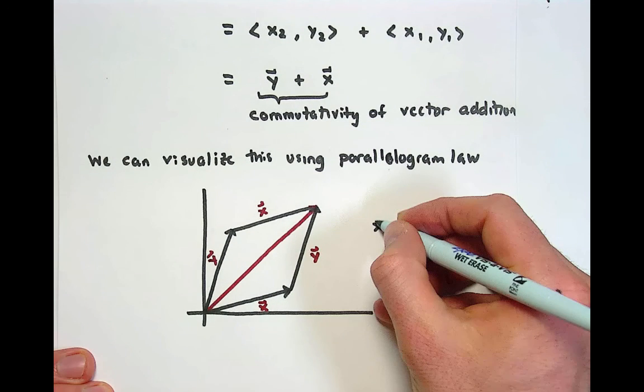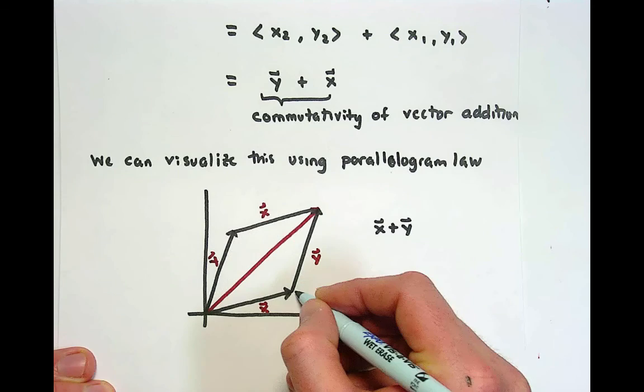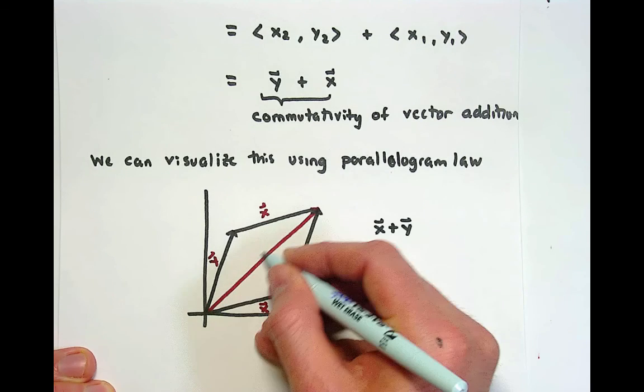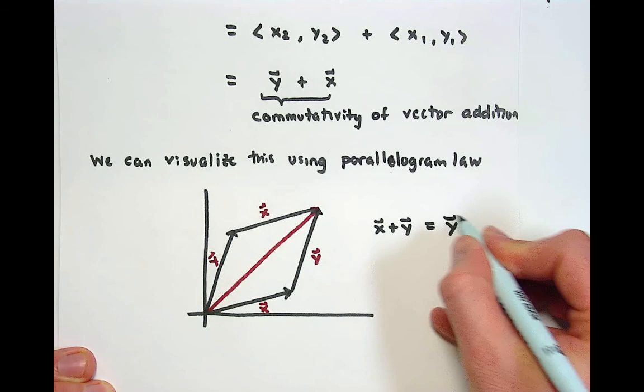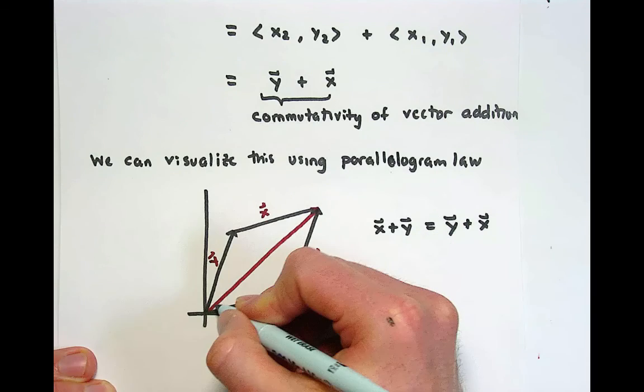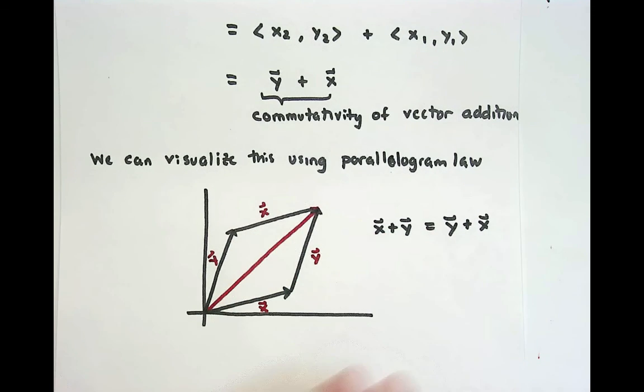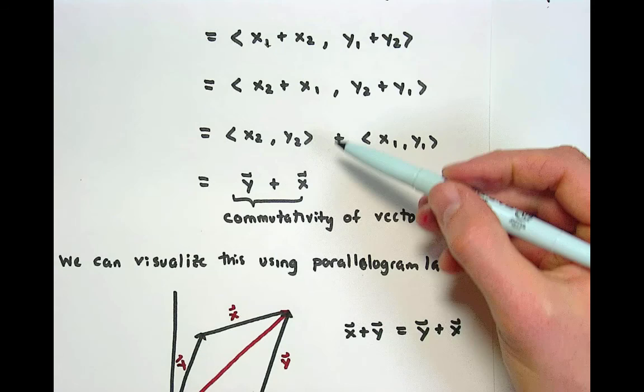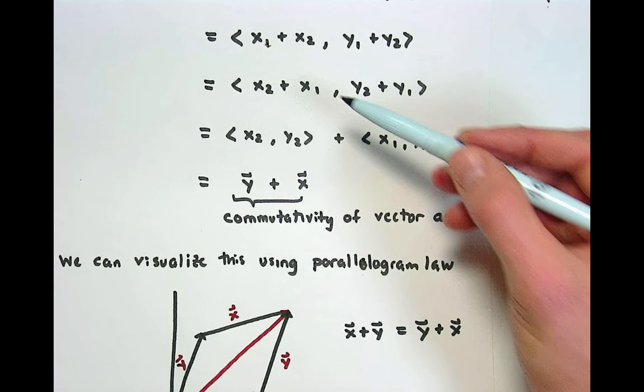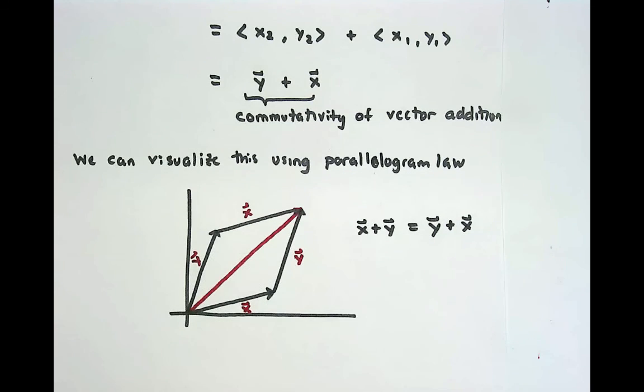So this whole thing is x plus y. I get the same vector as when I write y plus x, which is mathematically, this is the algebraic representation, this is the graphical representation of that reality.